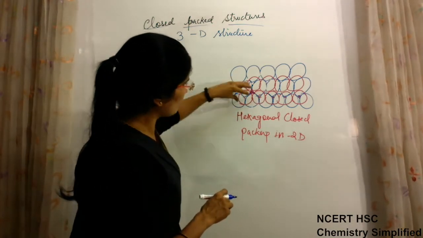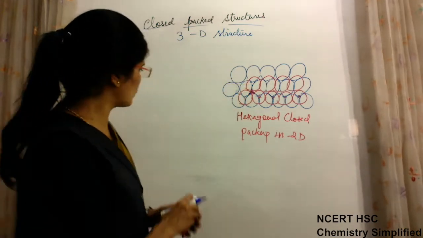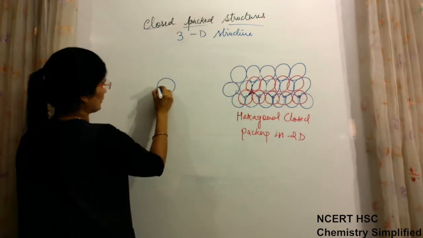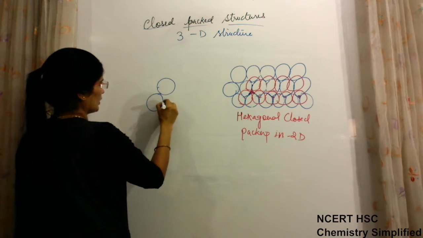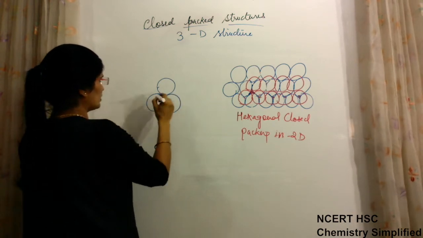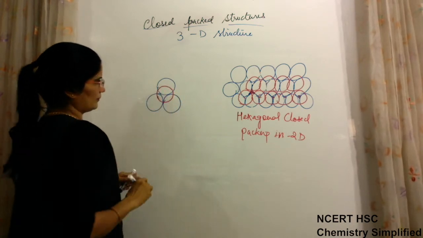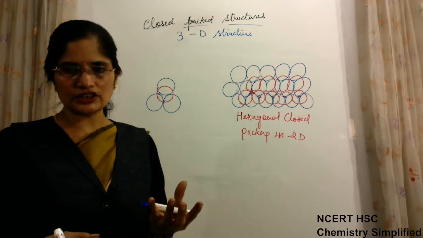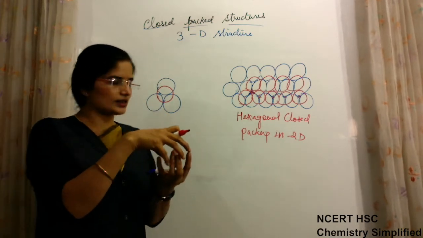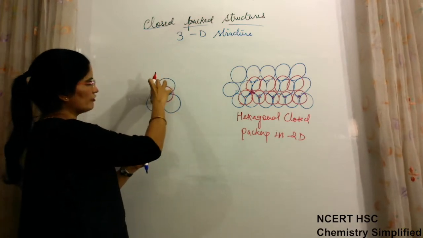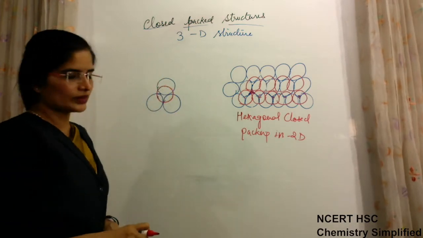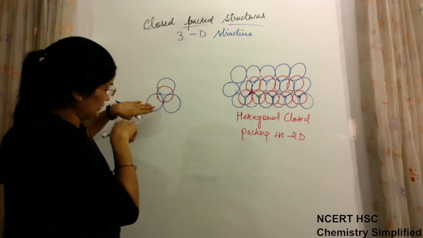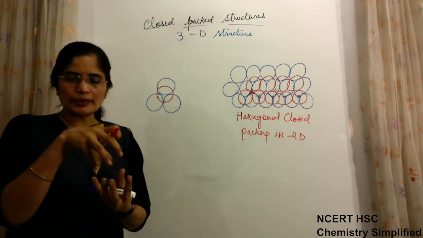1, 2, 3 covered by a red color particle. So what is there here actually? 1, 2 and 3 covered by a red colored particle. That means what? 3 particles, because they are spherical in shape. So 3 spherical shaped structure covered by a 4th spherical shaped ball. Okay. So there is a gap which will be packed inside.